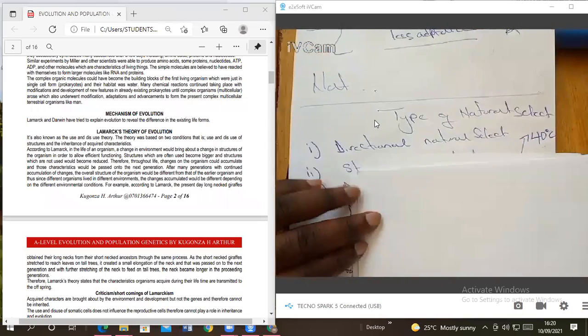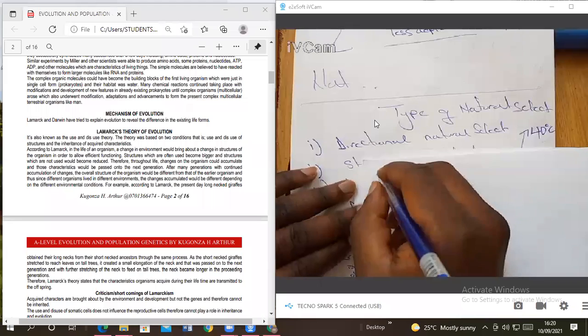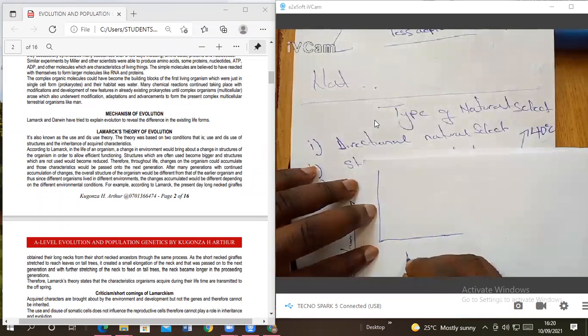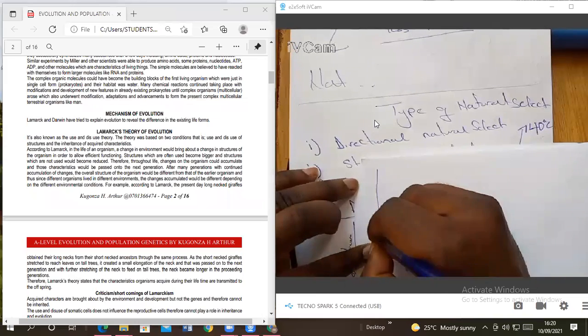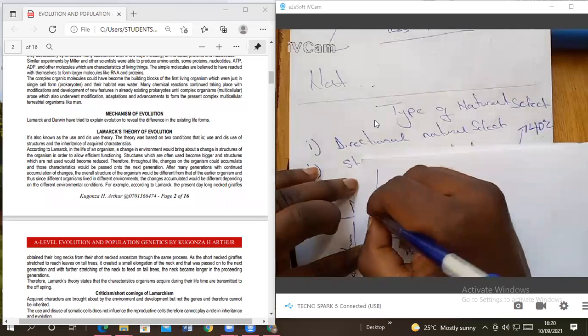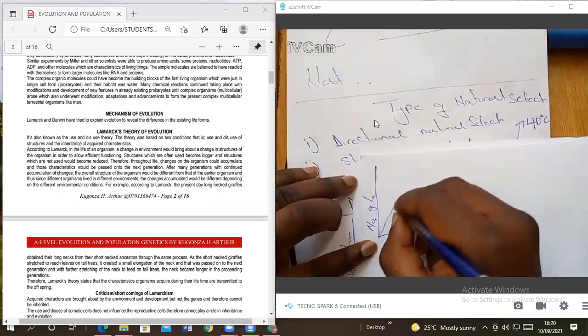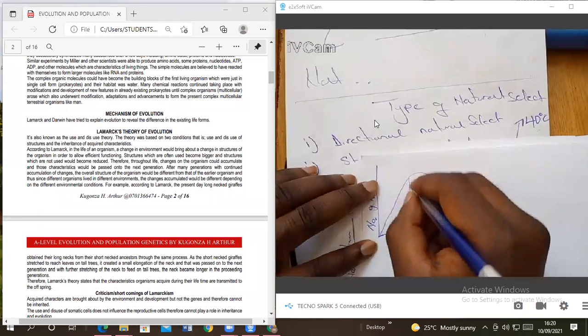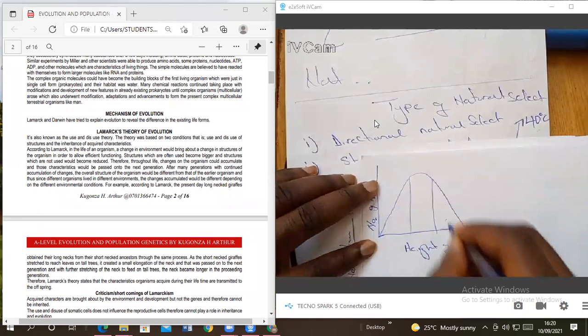I can draw my graph here because the other page is finished. Here we have height of fur, and here the number of individuals, and our graph is like that. Here we have short, these are intermediates, then these ones are long.